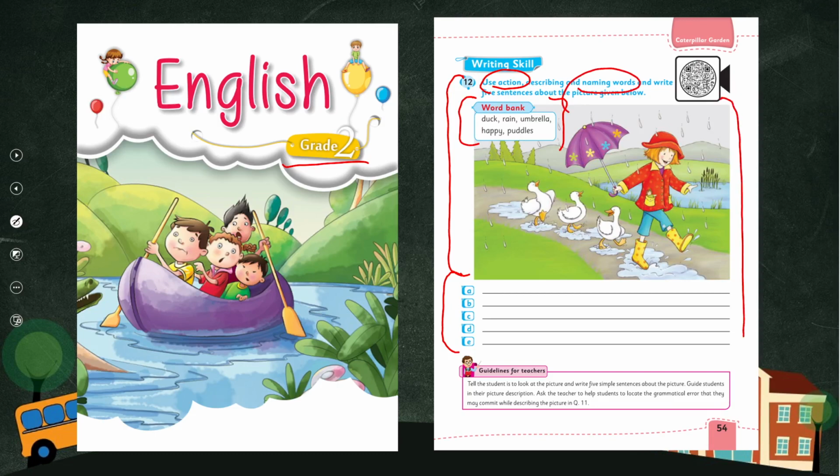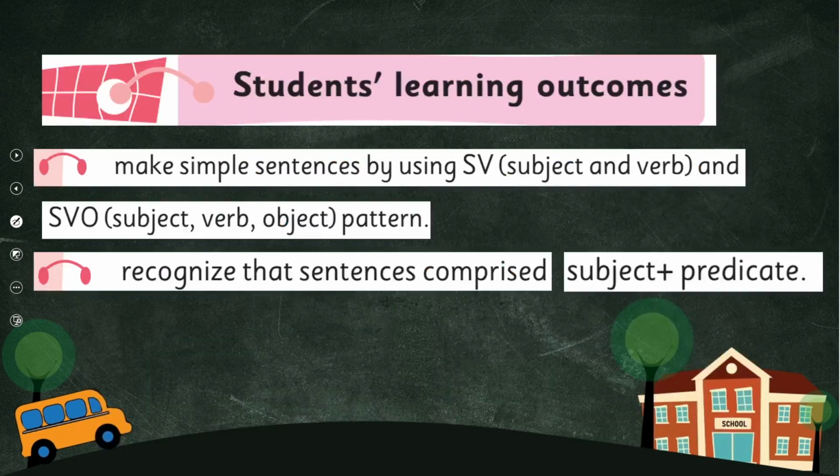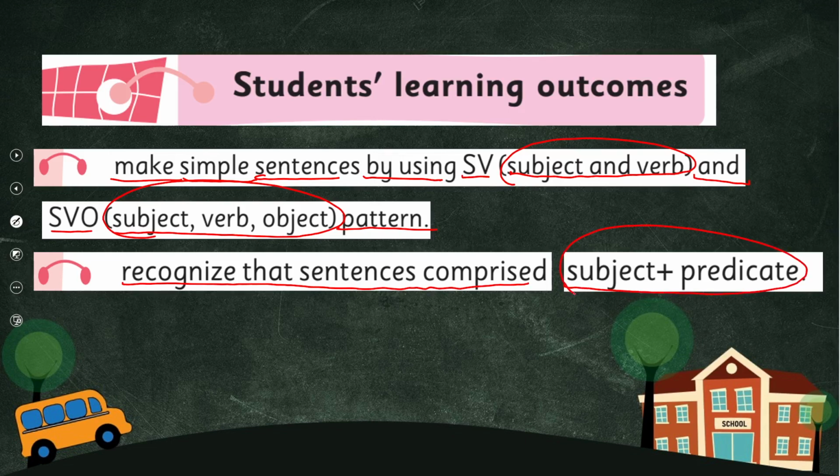I hope you remember all these techniques, or you may watch this video lecture again, because we are going to learn further to make simple sentences by using the SV, meaning subject and verb, and SVO, meaning subject, verb and object pattern. Recognize that sentences comprise subject plus predicate. These are our today's SLOs.